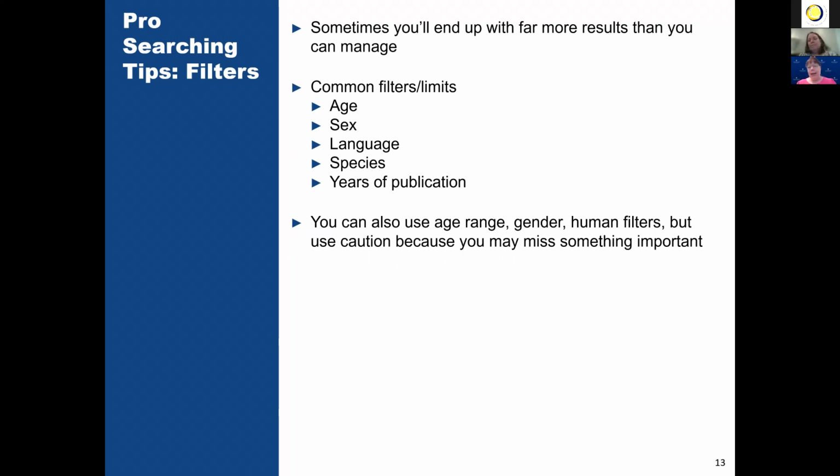So you might want to say and human. And then there's always years of publication, last 5 years, last 10 years, if you're looking for when a new process changed. So you can use these filters. Sometimes be careful though, because you may wind up missing something that's important.